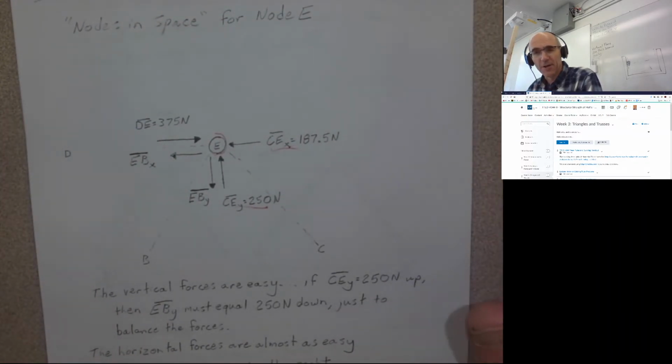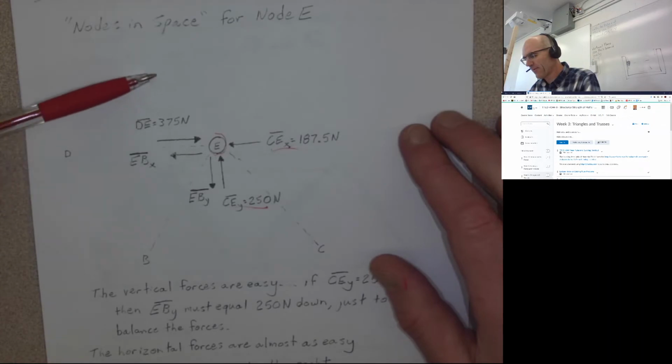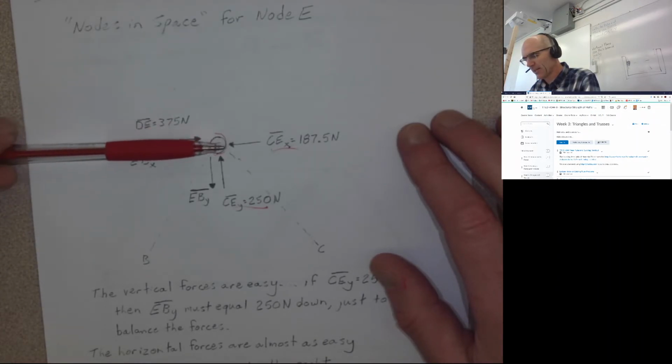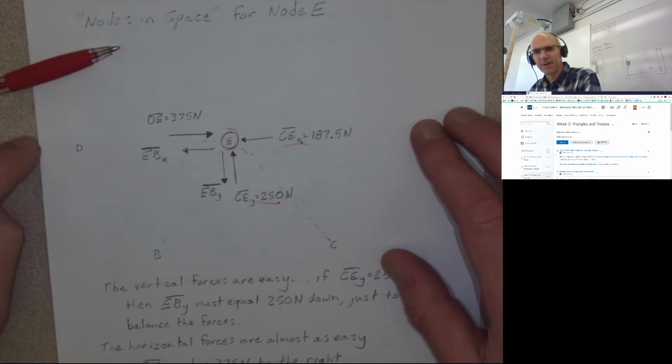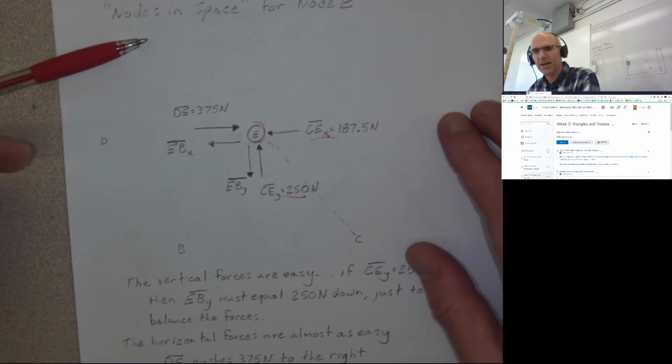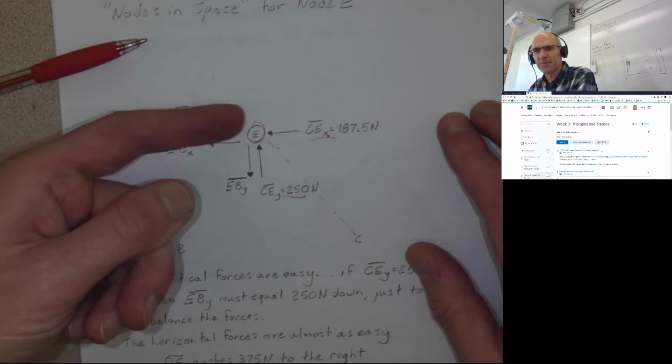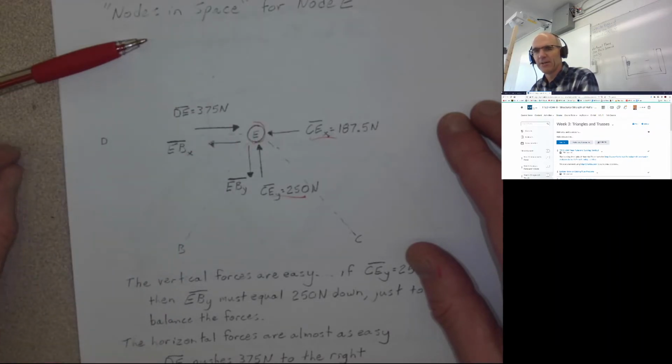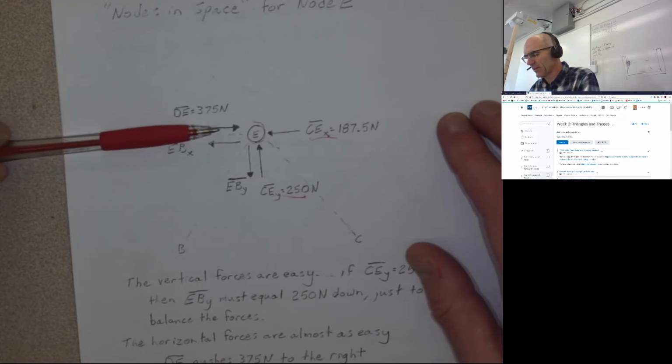Now, we know that all the forces on node E have to balance out. Well, don't forget we've got a force coming across on the top because we calculated that node D right over here is in compression or pushing this way so that node D could be balanced right in there. So we've got vector DE.